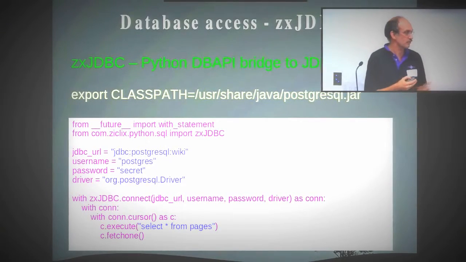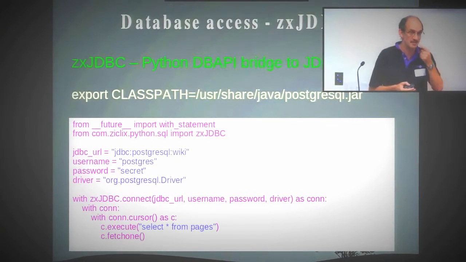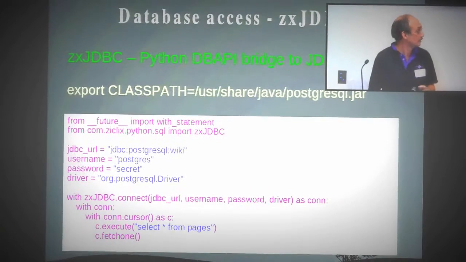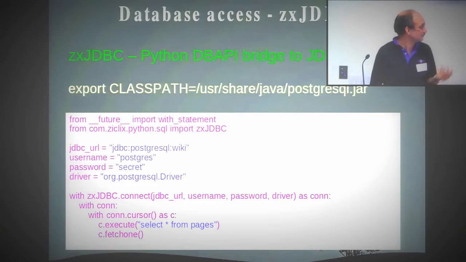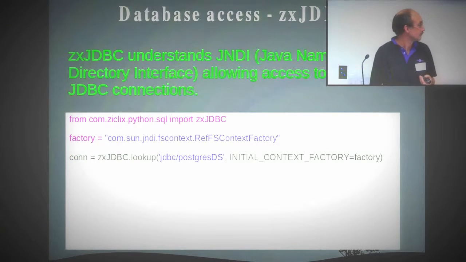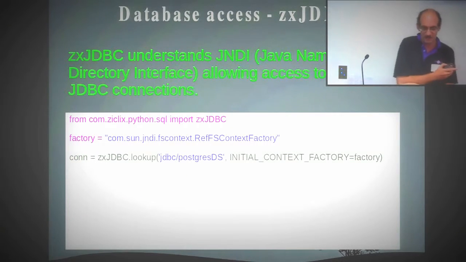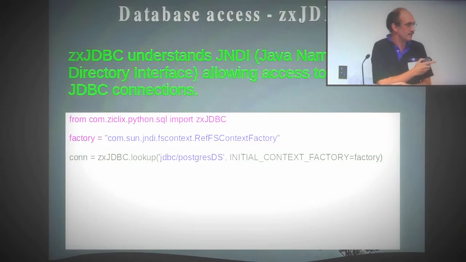This one runs on Postgres. I could throw my SQL one in, and as long as I had the same table structure, it would work exactly the same. Don't know how it does that. 100, 200, 300. The other thing is this understands the Java Naming and Directory Interface.